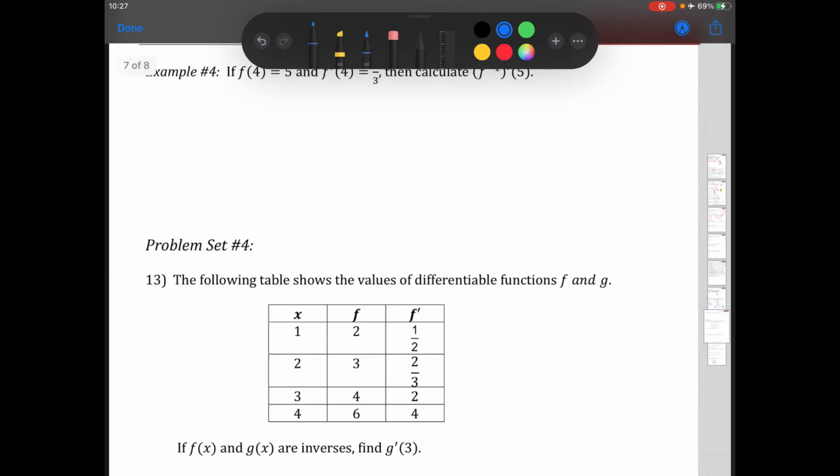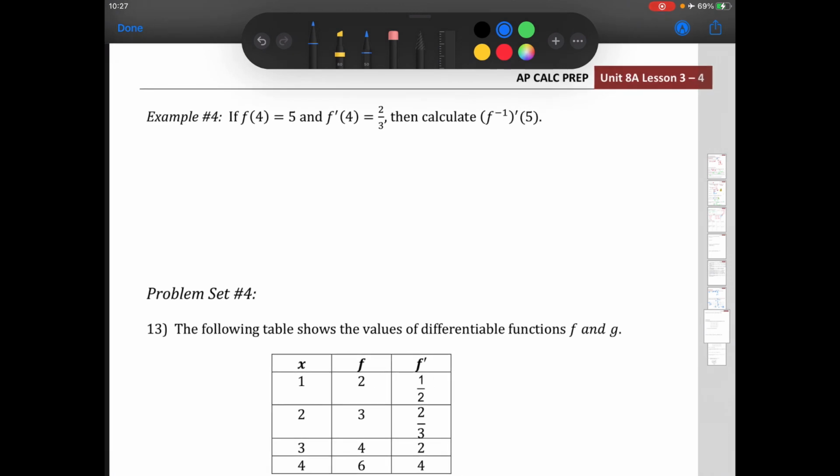Okay, so I want to do another example with you. It's saying f of 4 equals 5. So my point is (4, 5). f prime of 4 is 2/3. So the derivative, or the slope, at 4 is 2/3.